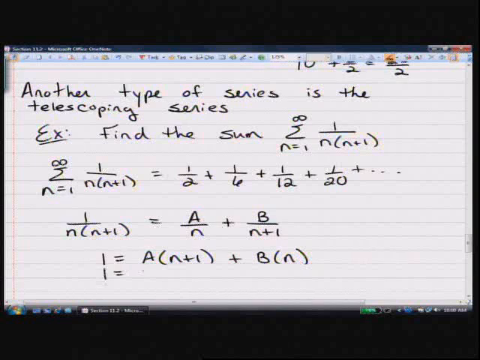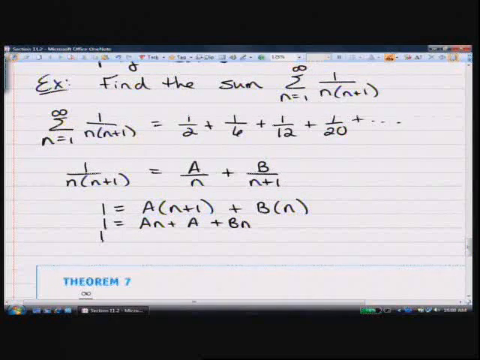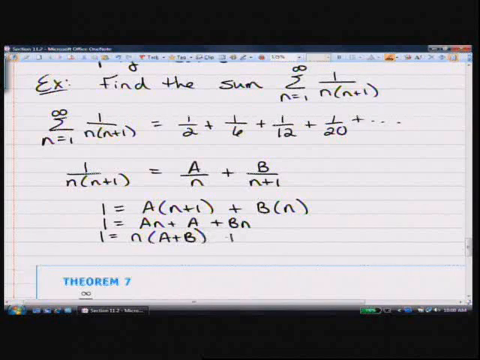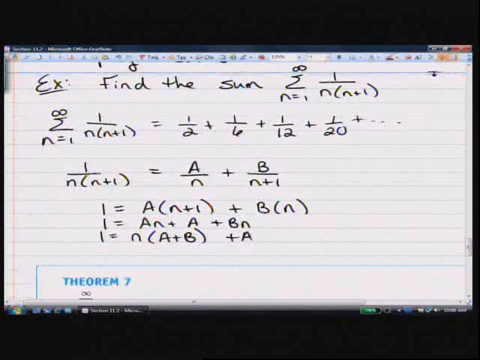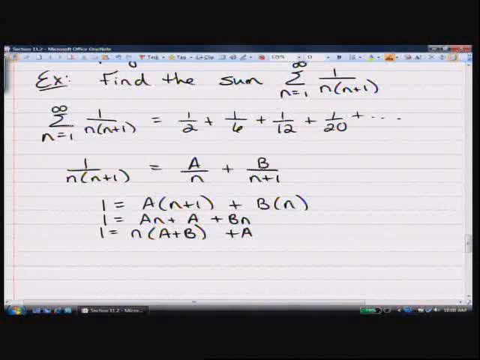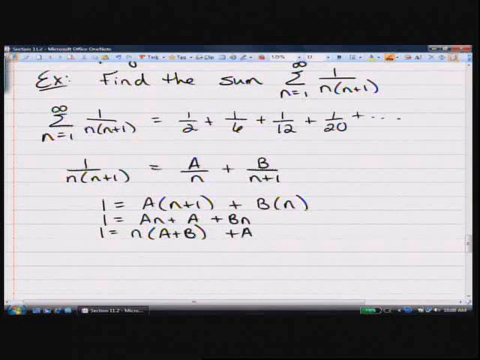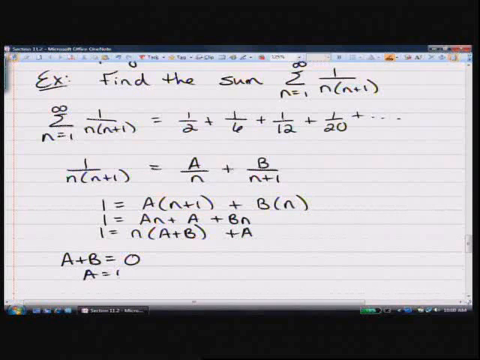Then you would have 1 equals a n plus a plus b n. And then this is 1 equals n times a plus b plus a, right? And so you would remember that a plus b has to equal what? It has to equal 0, and then clearly a has to equal 1, right? Which means that b has to equal -1.